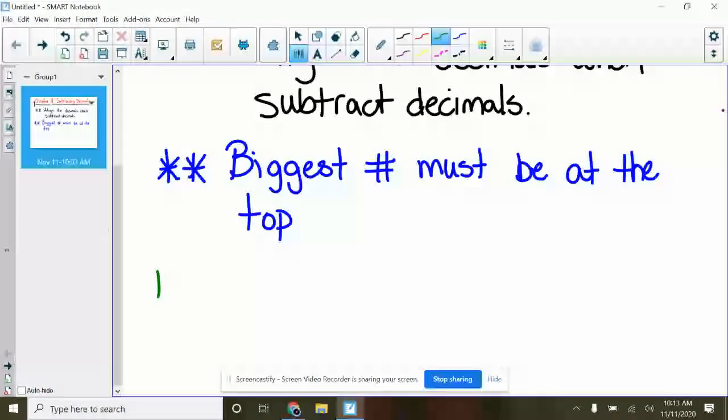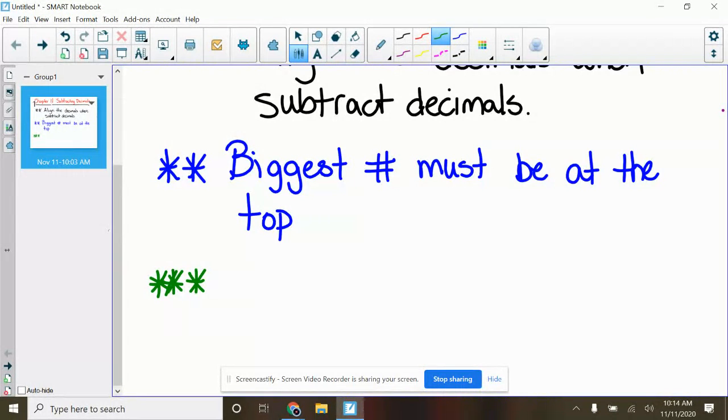So in case you didn't hear what he said, I'm gonna give this one 3 stars. Okay? But what he said was that when we were adding decimals and there was a digit missing, we didn't really have to put the 0 in there. But in subtraction, we have to.